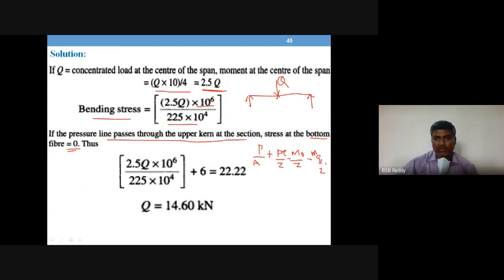That shall be equal to 0, right? Our condition is it shall be equal to 0. Means what? This shall be equal to this; if you take it to the right hand side, the minus will become plus.